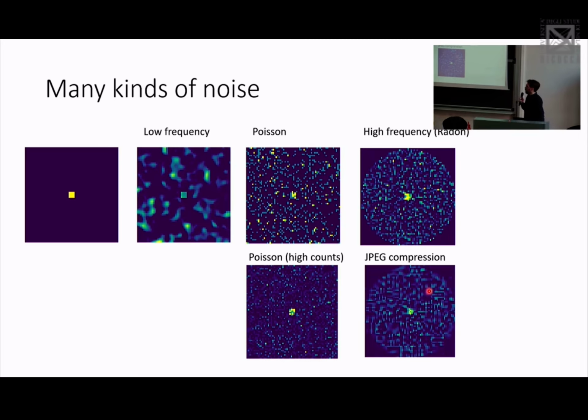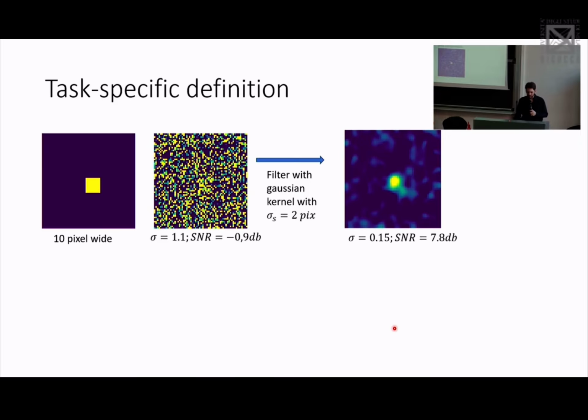And also, if I take a slightly noisy image and I run it through JPEG compression a lot, I get this thing here, which might not really be noise because it's not a random statistical process, but it's still noise to us because it limits our ability to see things. So for many practical purposes, this is noise.